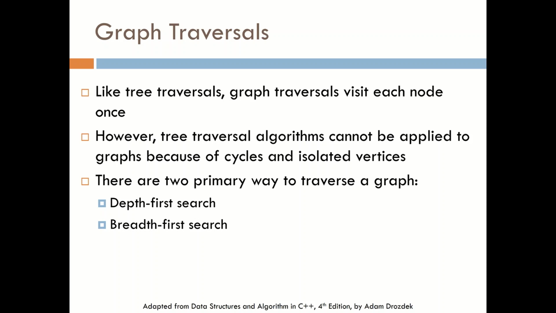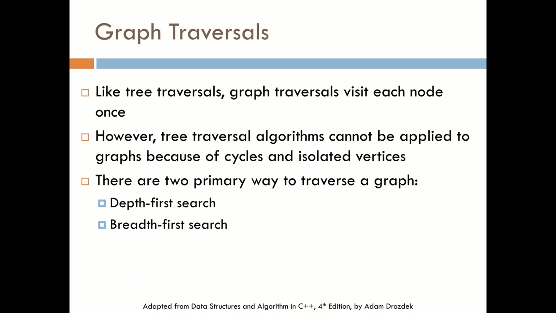Now, graphs can be traversed, and we need algorithms to traverse graphs to ensure that we cover every vertex in the graph. And so the idea is that we want to visit every vertex in the graph. This would be akin to visiting a node in a tree.